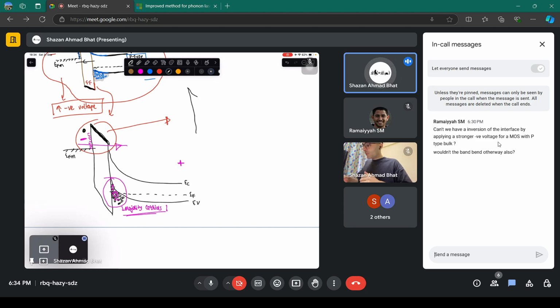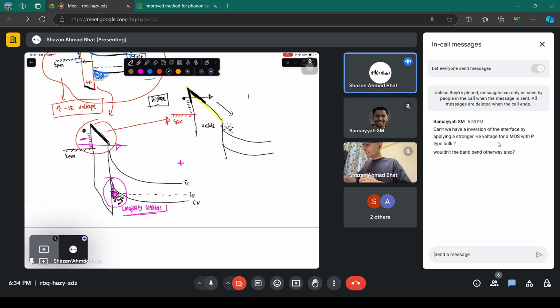The bending in the oxide will be so huge that the electrons here at the Fermi level of the metal, because there are so many dense electrons here now because you have applied a higher negative voltage as per your question, for these electrons this particular barrier is like a triangular barrier, and they will tunnel through and appear on this side, the semiconductor side. This is called tunnel breakdown.